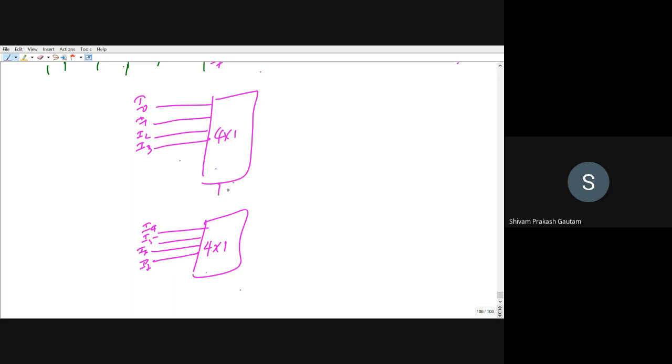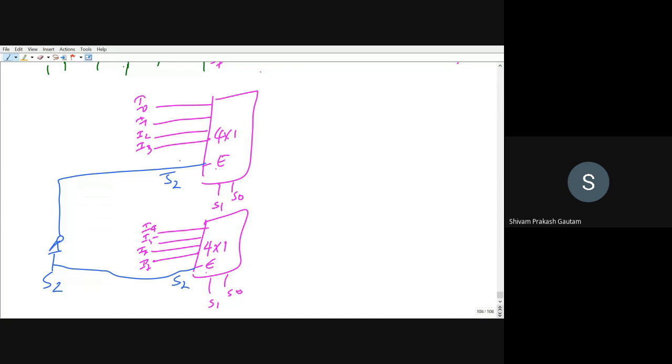Two select lines will be there, the lower order select lines S0 and S1, and there will be one enable, E and E. The input to this enable will be S2. For the first enable, S2 will be flowing here. For the second, I used a NOT gate, so S2 bar will be flowing here, and here only S2 will be flowing.